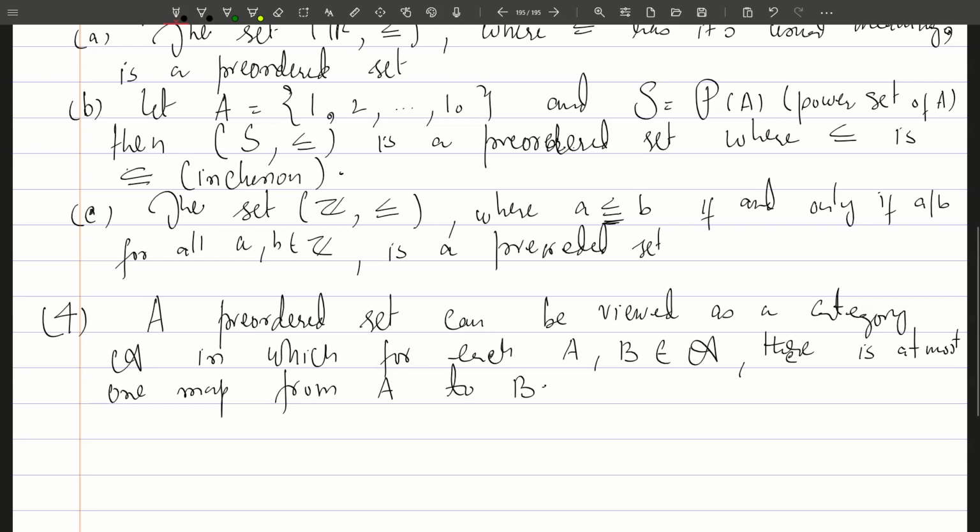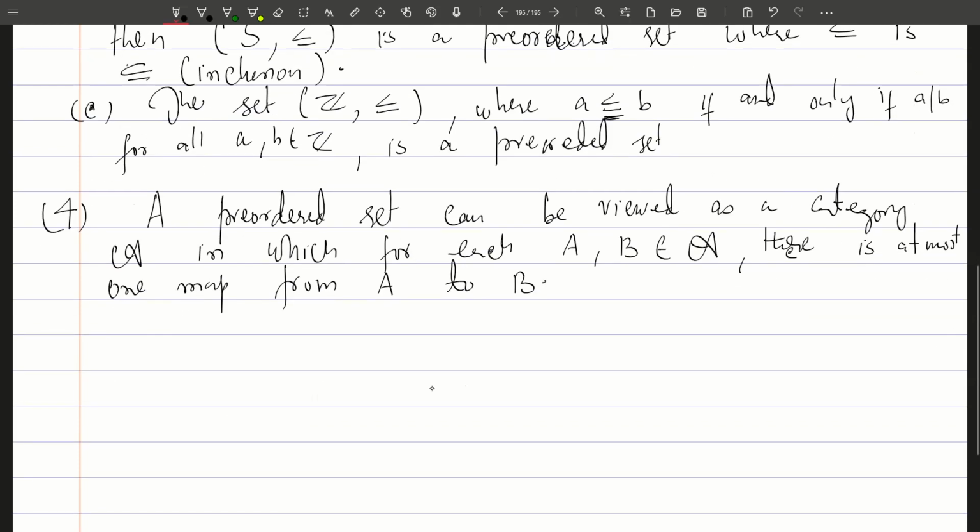Now to see this, consider a category, say A, with this property: between any two objects, there is at most one map.